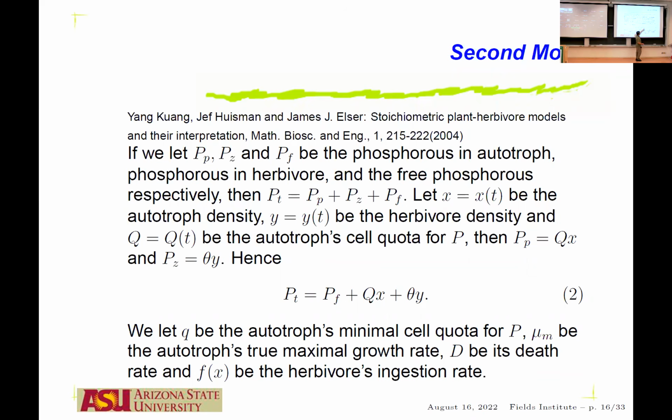The phosphorus quota of the predator is assumed to be constant, times the total amount of predator. These three pools together give you the PT, and then you use this equation to define Q, and then you use a quasi-steady-state argument to get a Q equation, resulting in that equation.